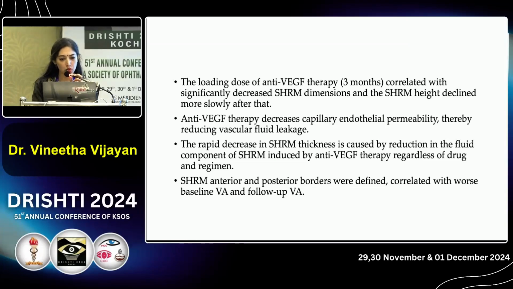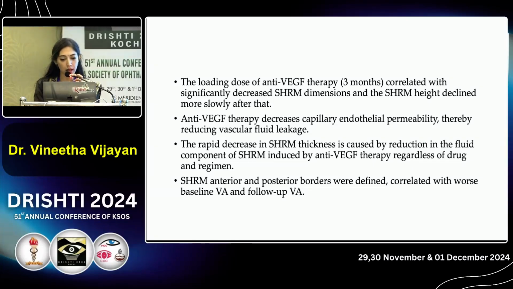So the loading dose of anti-VEGF therapy correlated significantly with the decreased SHRM dimensions, and height declined slowly after that. What we postulated is that anti-VEGF therapy decreased the capillary endothelial permeability, thereby reducing the vascular fluid leakage, and this rapid decrease in SHRM thickness would cause the reduction in the fluid component of SHRM induced by anti-VEGF therapy regardless of the drug and regimen.